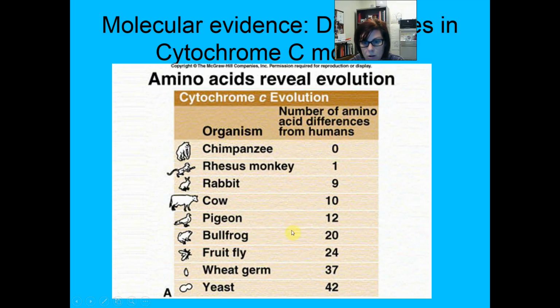And again, the more closely related we are, like we are more related to a rabbit than we are to a pigeon, because you see there's 9 differences in the amino acids between a human and a rabbit, and there's 12 between a human and a pigeon. But we're more closely related to a pigeon than we are to a fruit fly, okay?